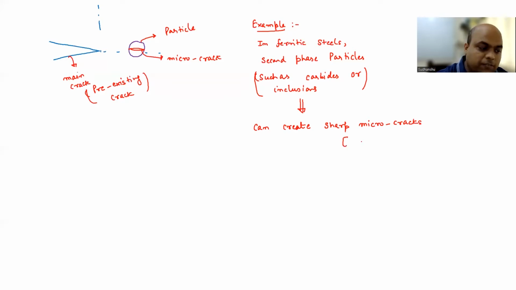Okay, because of the incompatibility, because the second phase particle is going to have different properties than the matrix. So there is an incompatibility between the particle and the matrix, which will lead to the generation of a crack. We saw a similar phenomenon while we were talking about the ductile failure mechanism, right? Due to incompatibility with the matrix.